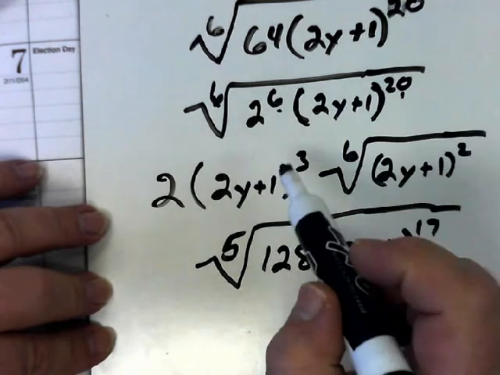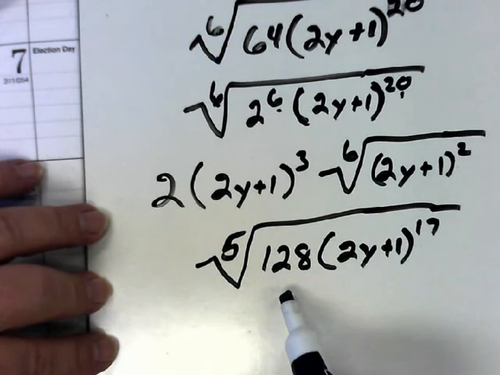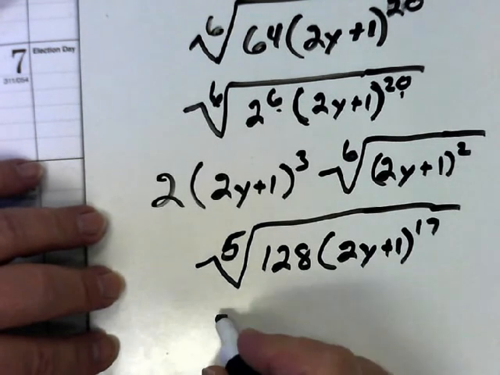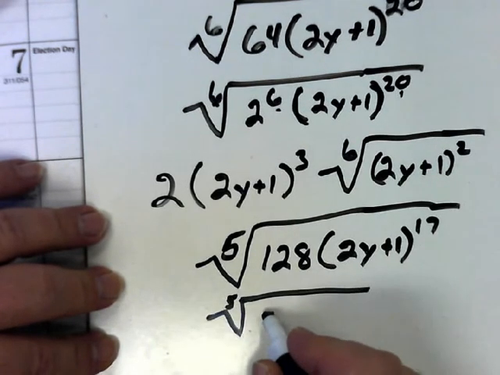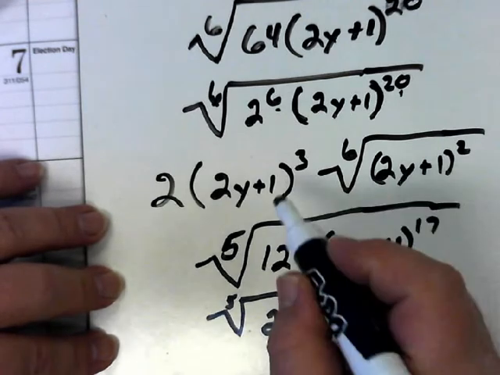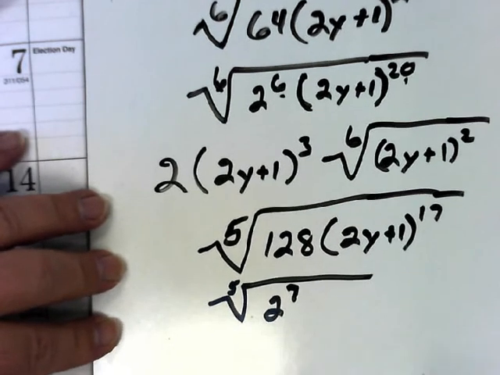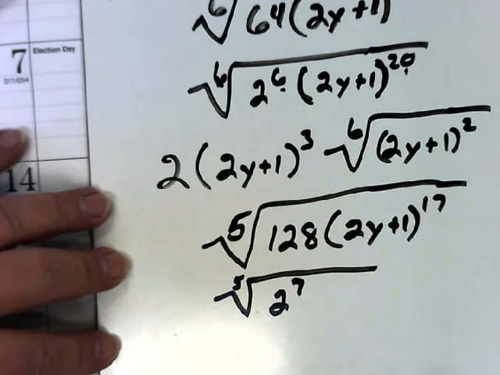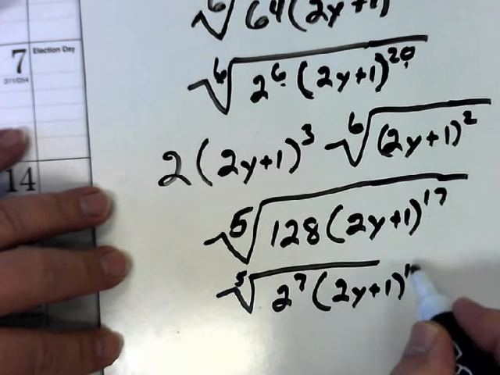Well, what's 2 times 64? 128, isn't it? So could I rewrite the 128 as 2 to the 7th power? If 2 to the 6th was 64, isn't 128 then 2 to the 7th? And 2y plus 1 to the 17th power.